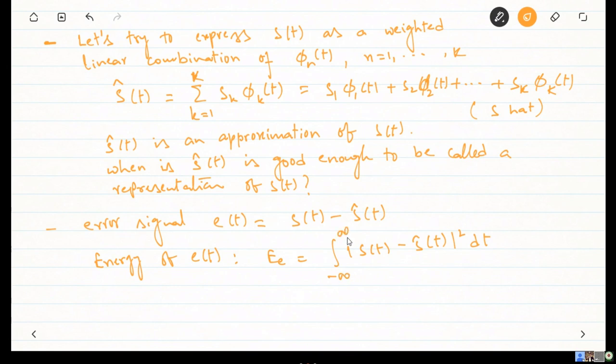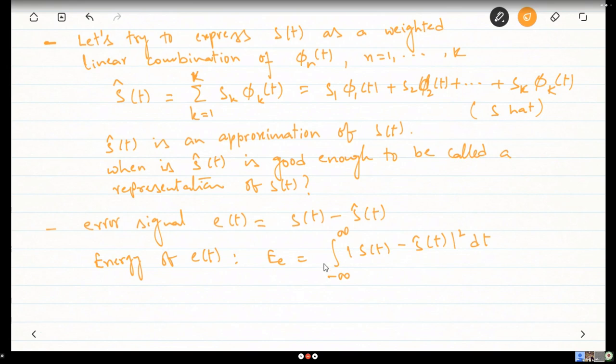Now if we want to have S hat of t as close to S of t as possible, then what do we want?